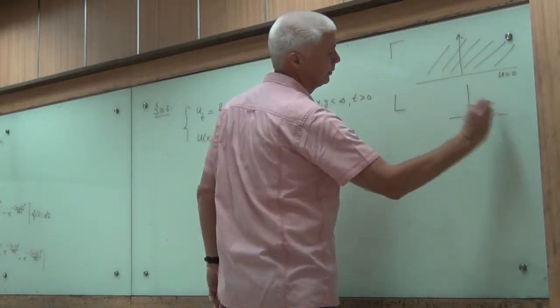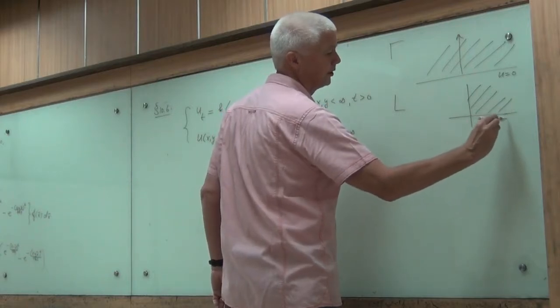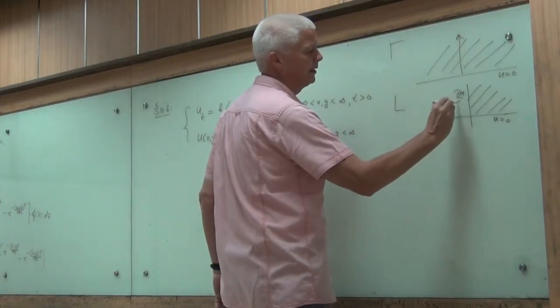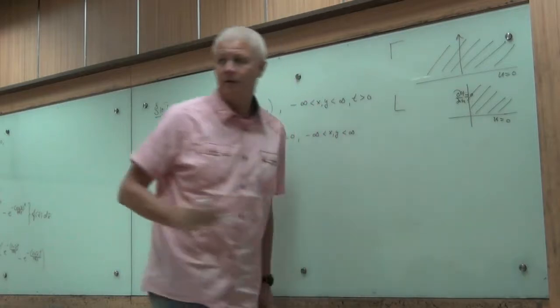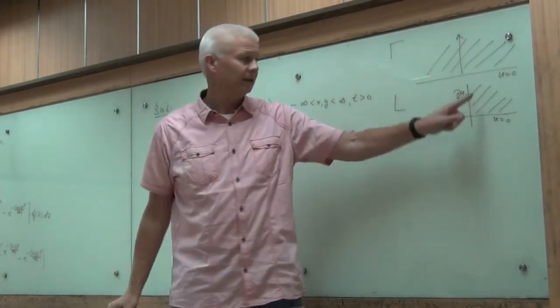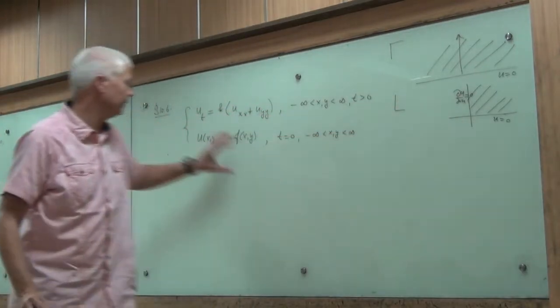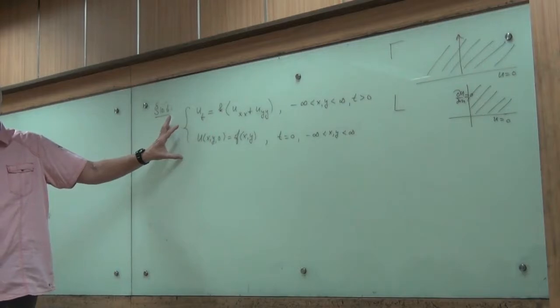If I have as a domain, for instance, this, and here I have u is 0, and for instance here the normal derivative u_n is 0, then I know that in this direction I should extend my functions as odd, and in this direction as even. And then I obtain again this problem.